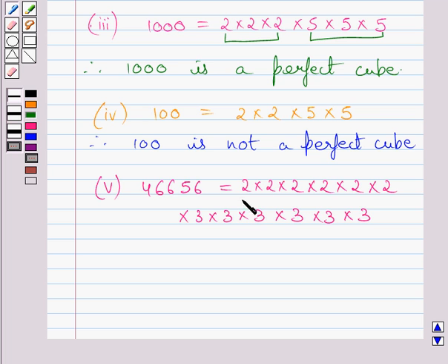Now let us group the 2's and 3's into triplets. Clearly you can see nothing remains after grouping the triplets. So the given number 46656 is a perfect cube.